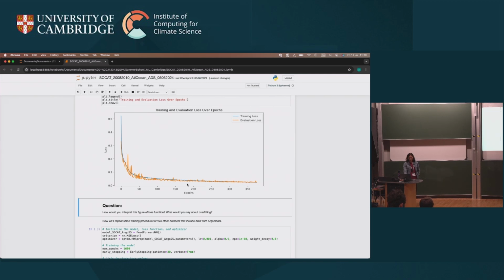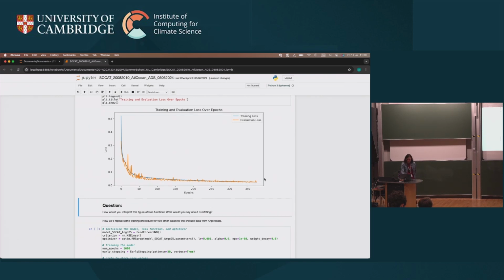It's reducing with each iteration, the blue based on training data and the orange on the evaluation data. So what do you think? Do we have overfitting or are we good? Laura thinks yes. Do you agree?